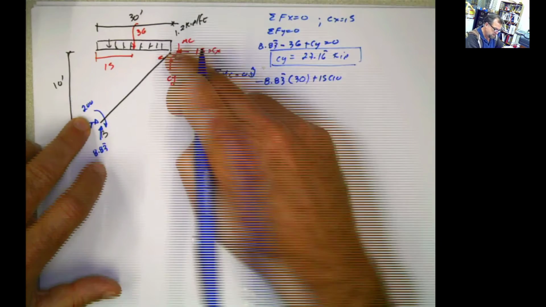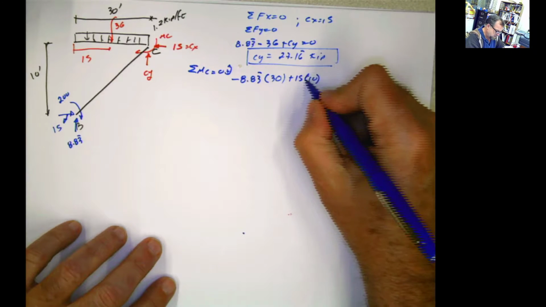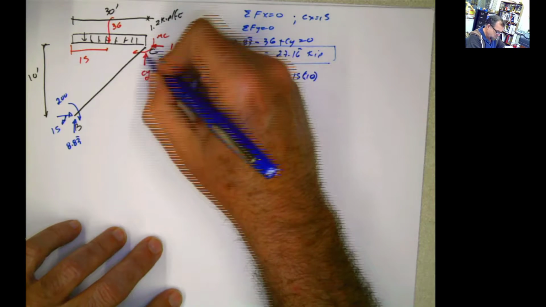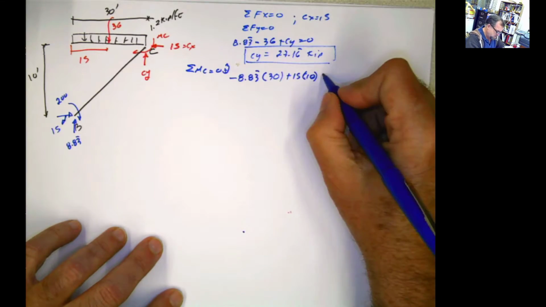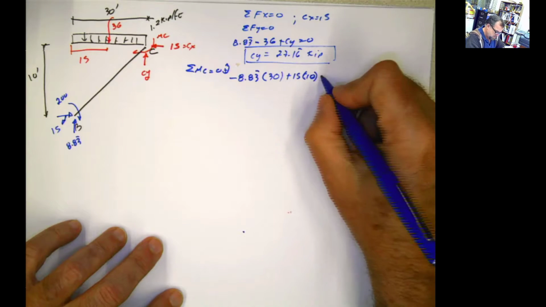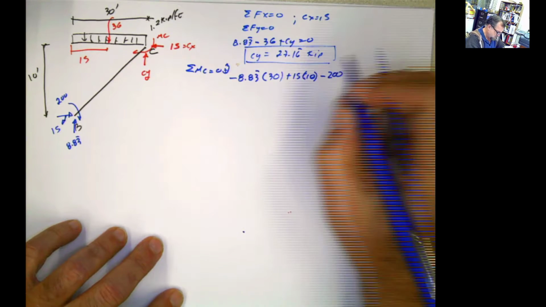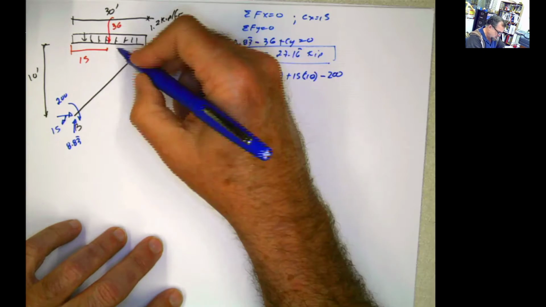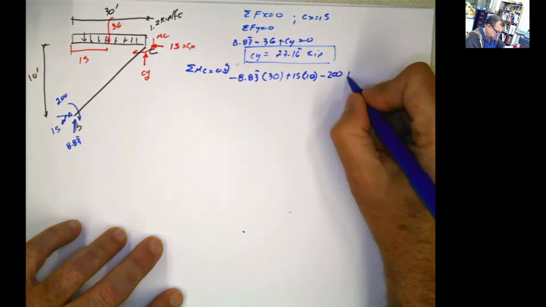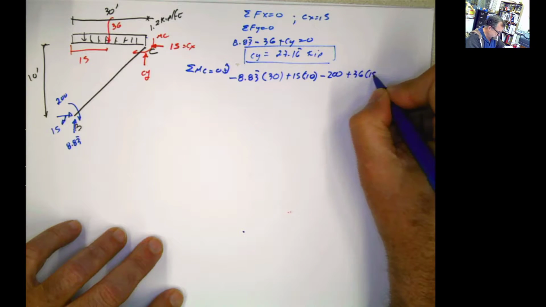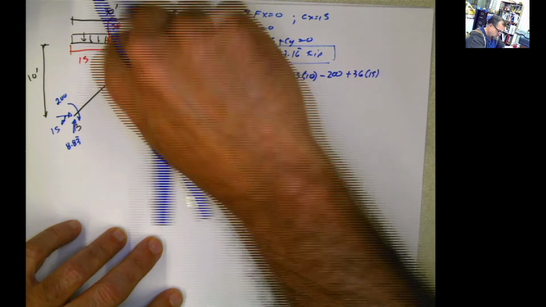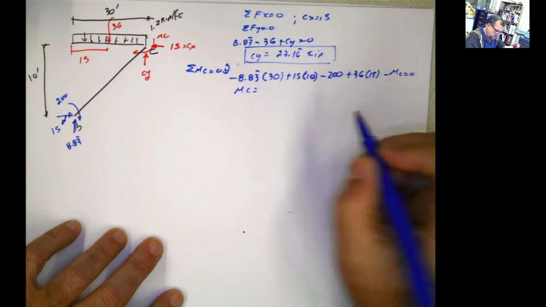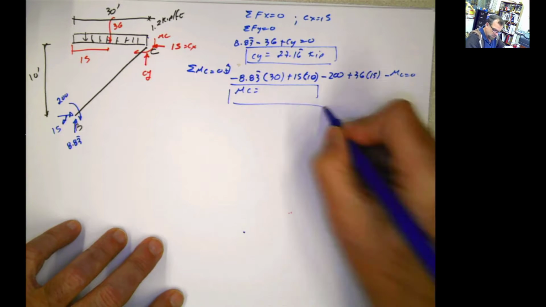Like that, 15 times 10, minus 200, this one, minus 200, plus 36 times 15, minus Mc equals 0.